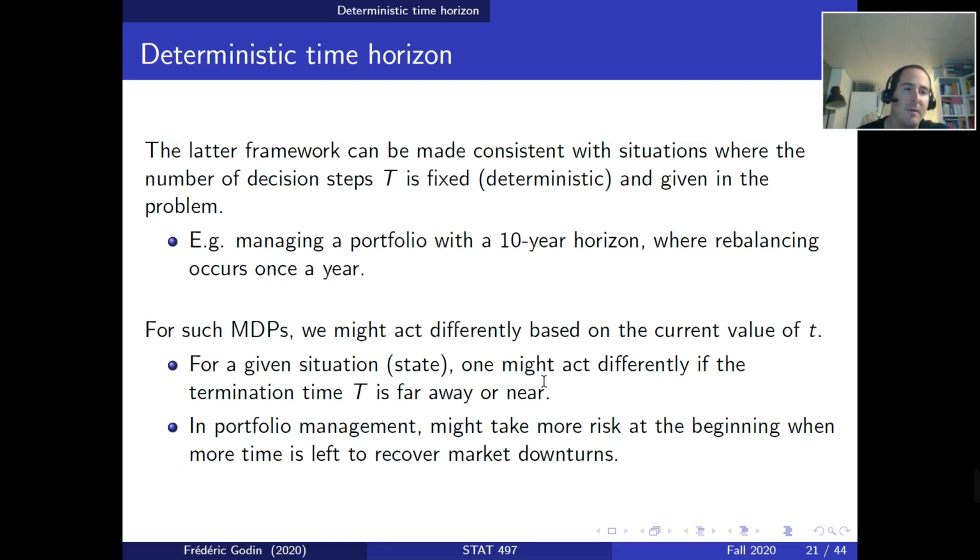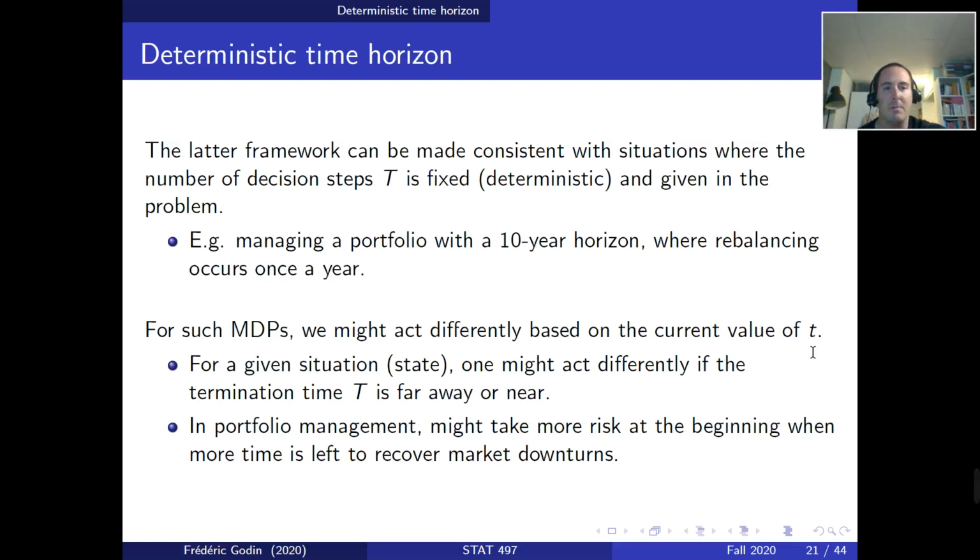One thing before we continue: in these problems where capital T is fixed, you might act differently based on the current time step you're in. For example, say you're investing for your retirement. If you have 30 years left before retirement versus 1 year left, you will probably have very different investment policies.